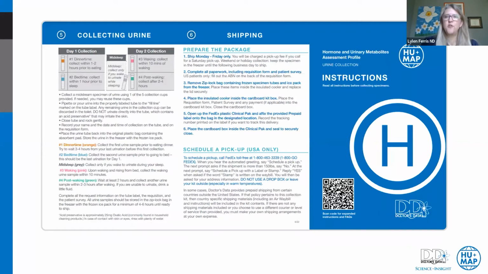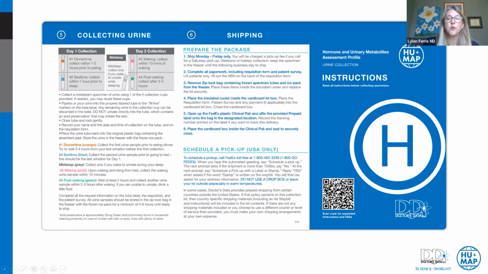Now, a few things to note here on the instructions, which are included inside every collection kit. The QR code that you see here will give access to a handout that's titled Best Practices for Specimen Collection. And this handout can help answer any questions that your patients have. Collection instructions are on page 5 here.